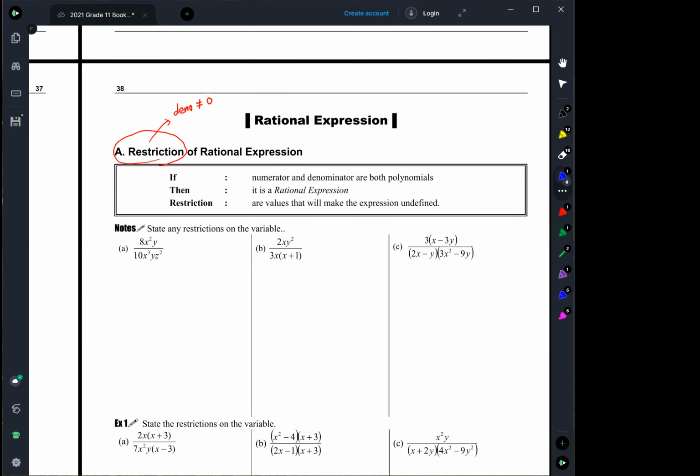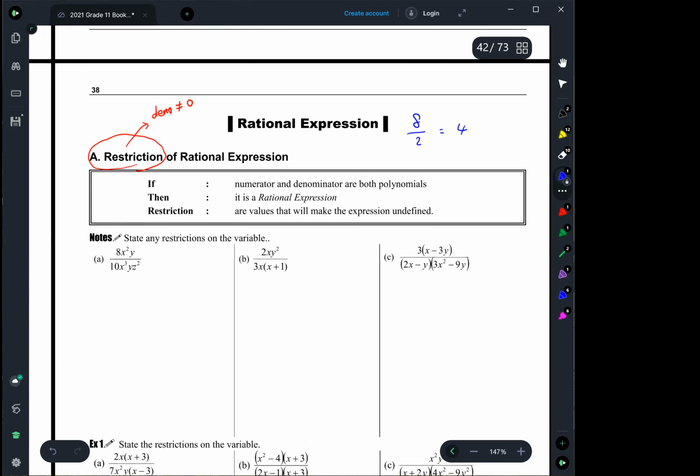For example, use 8. 8 divided by 2 equals 4. In a word problem, maybe they will say there are 8 candies you want to divide by 2 people, share with 2 people, you get 4 candies for each person.